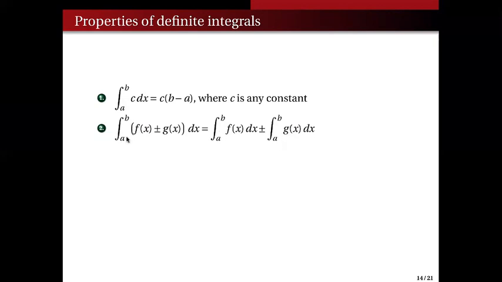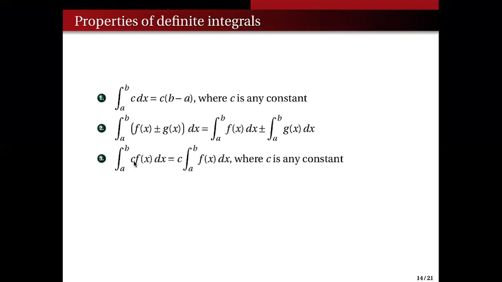So you can distribute this integral sign, again provided that the integrals exist. Meaning you have a value for this and you have a value for this, then you can do this. Okay?